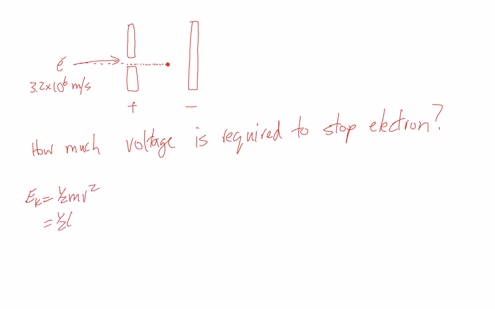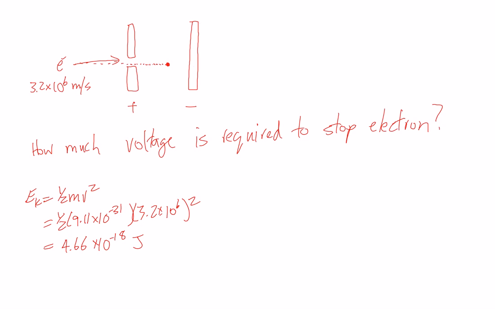So we'd have 1/2 times 9.11 times 3.2 to the 6, and we want to square that. So let's do that calculation, and we get an energy of 4.66 times 10 to the negative 18 joules. So that's how much energy it has.